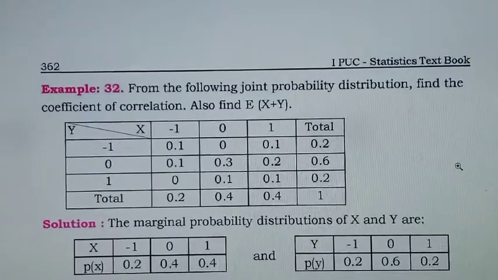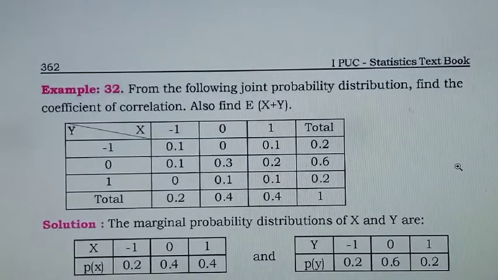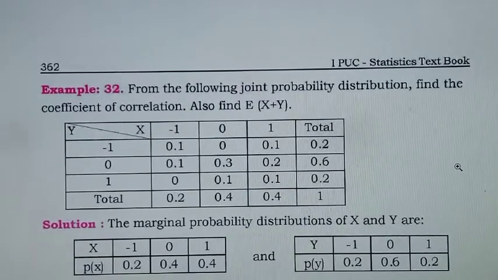Look at the example here. From the following joint probability distribution, find the coefficient of correlation and also find the expectation of x plus y. Bivariate means nothing but joint probability distribution, which is given below.